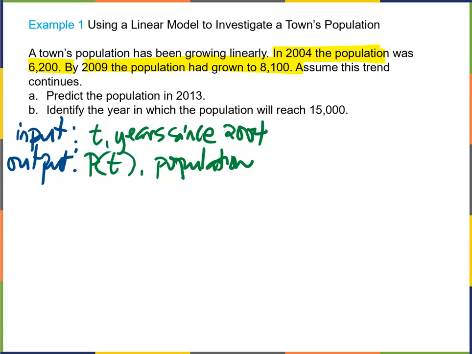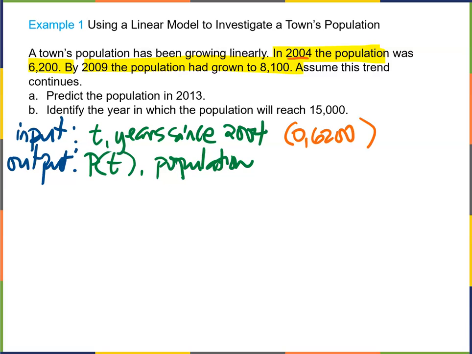This problem gives us two input-output pairs, the time and the population size. Notice that we start at 2004, so that would correspond to t equals 0. So we can have our coordinate pair 0 and 6200.